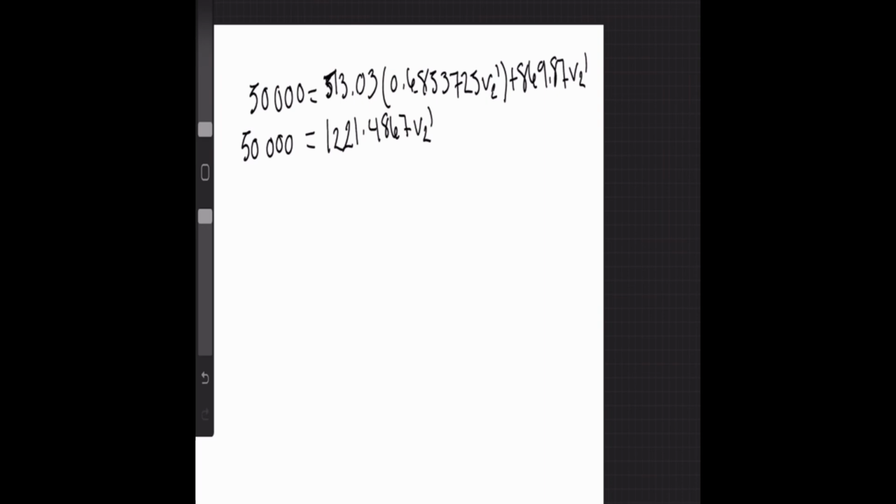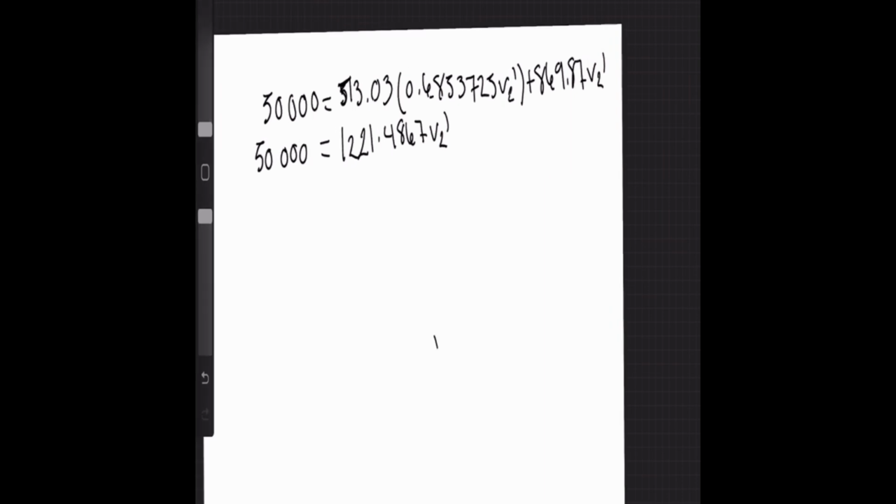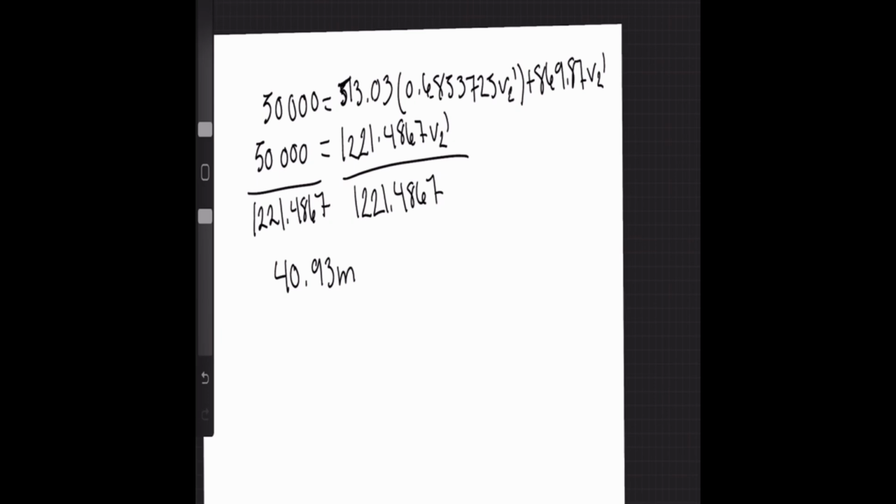And to solve for v2 prime, we are going to divide both sides. Which will give us 40.93 meters per second equals v2 prime.